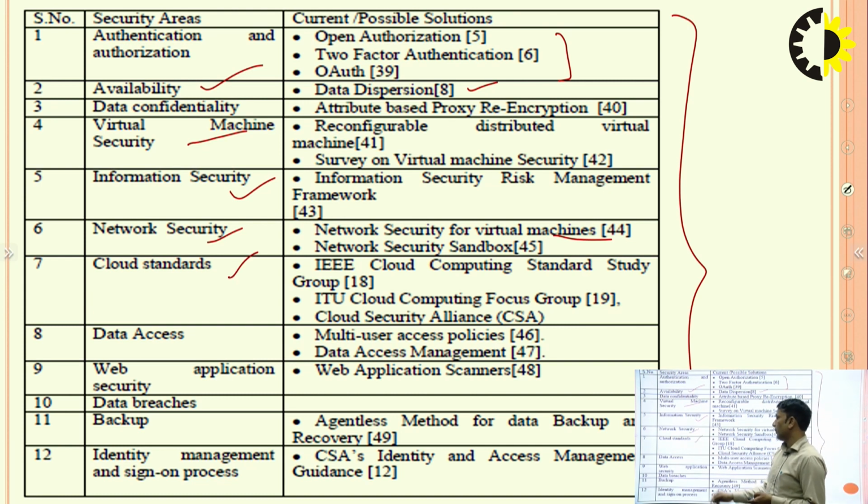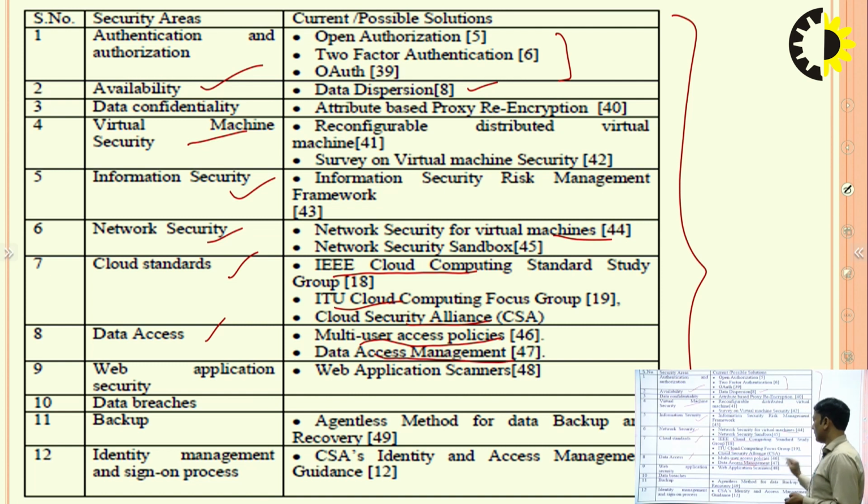Cloud standards: when we talk about cloud standards, there are a number of them, like the IEEE Cloud Computing Standards Study Group, ITU, and Cloud Security Alliance. For data access, multi-user access policies are there, and data access management policies and implementation are also available. For web application security, web application scanners are available that can be used to ensure this security.